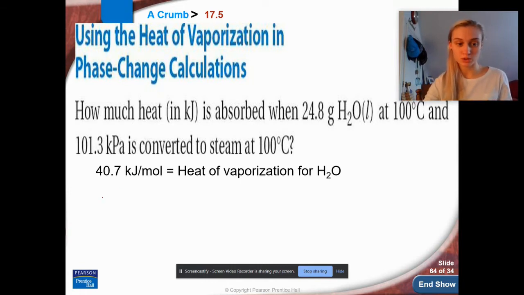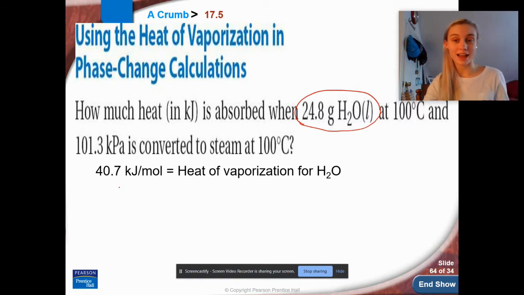First we're going to take what we're given, which is this 24.8 grams of water. We're actually going to disregard this other number that they threw in here. We don't need it for our purposes, so we're totally going to ignore that.